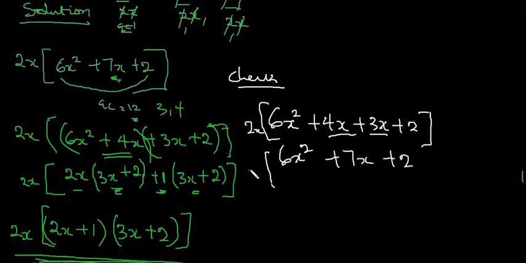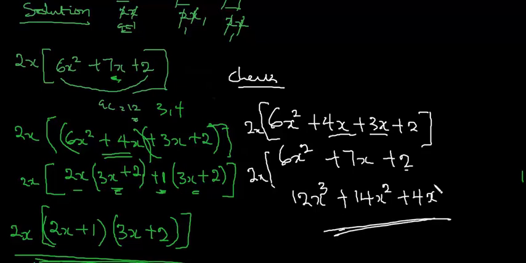So let's multiply everything here with 2x. 2x times 6x squared is going to give me what? 12x raised to power 3, plus 7x times 2x is going to give me 14x raised to power 2. Then plus 2 times 2x is going to give me plus 4x.